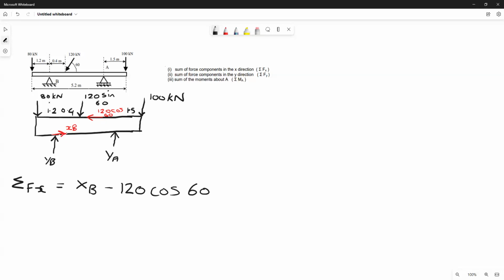Okay, so next we can work out the sum of the force components in the y direction. If we have a look, you've got YA plus YB, where the force is acting upward.